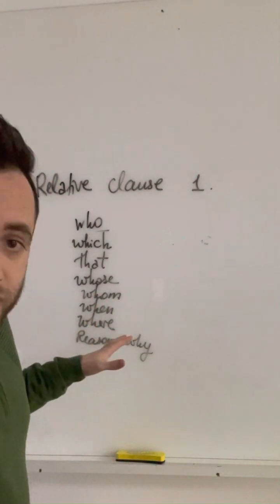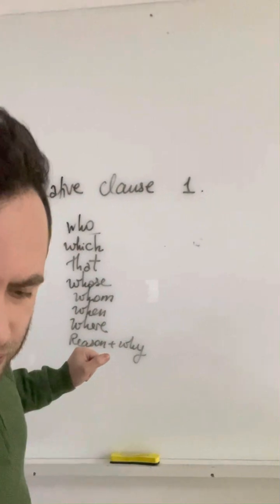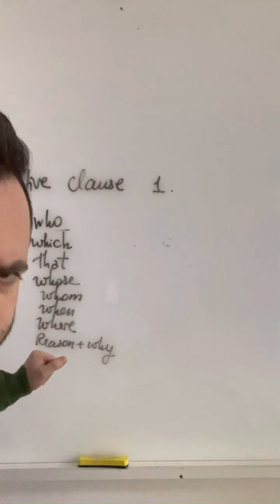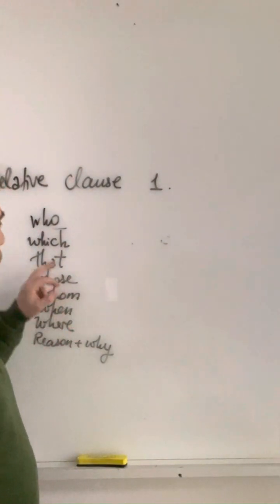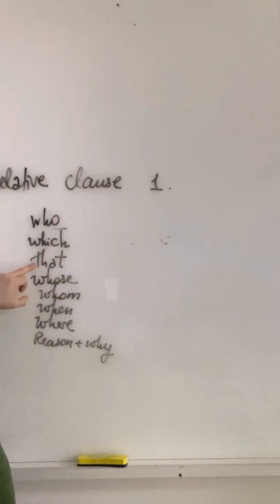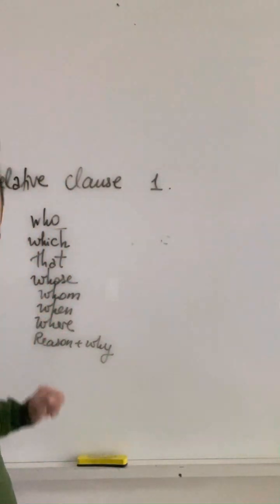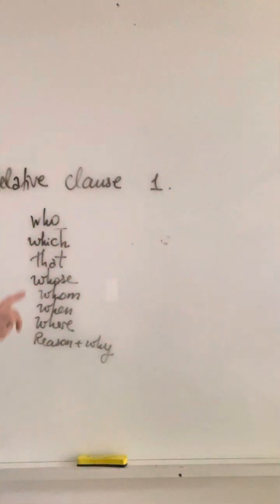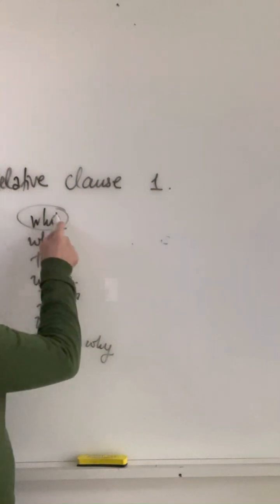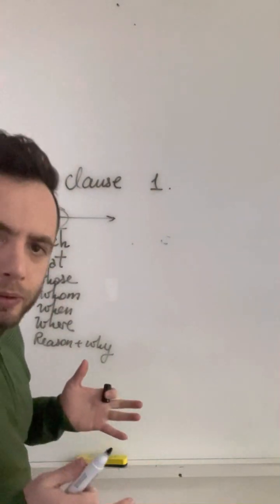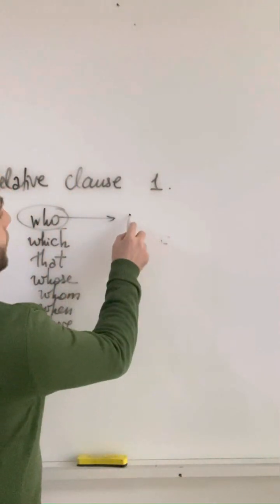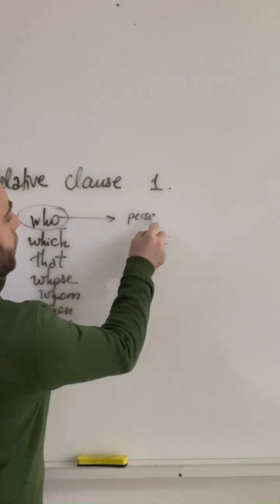Okay, our relative clauses basically are who, which, that, whose, whom, when, where, reason plus why, and we can also extend it if you want, but it's enough for the beginning. So let's take who. Who is used for people, for a person.